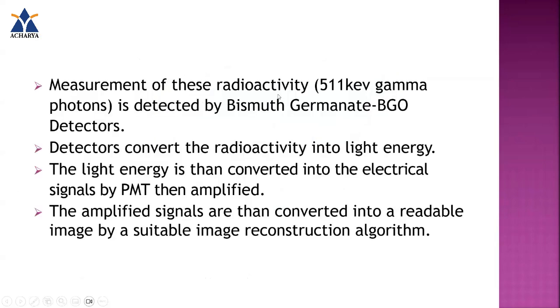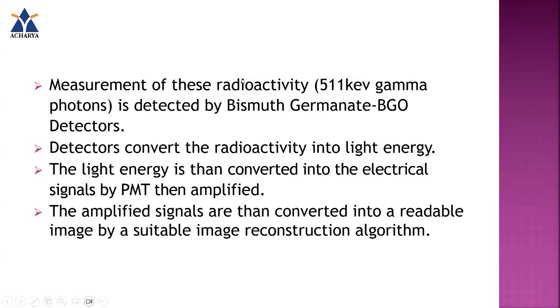The emission takes place, as I told earlier, as 2 gamma photons of 511 kiloelectron volts. These energy particles are detected by the detectors. Normally, we are using bismuth germanate detectors.